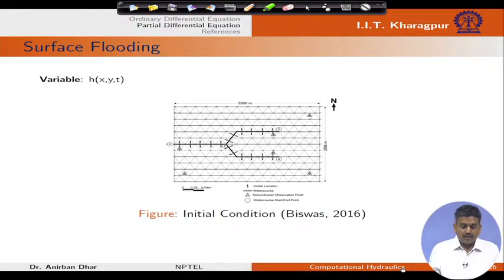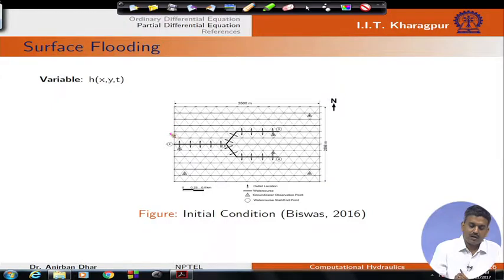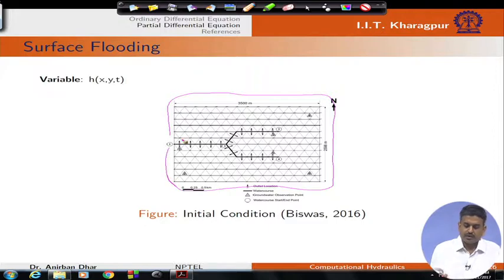If we consider this surface flooding, so what are the boundary conditions? So, we need to define the outer boundary. So, obviously, there should be no flow condition from these boundaries, and this is your internal channel condition.